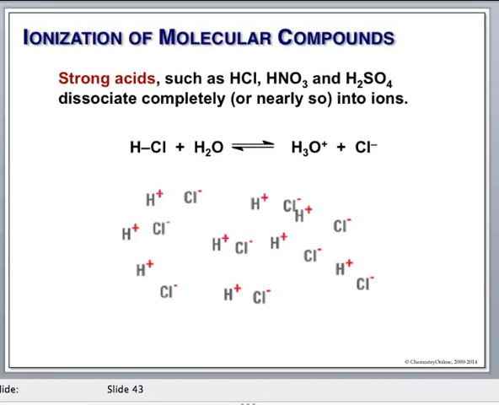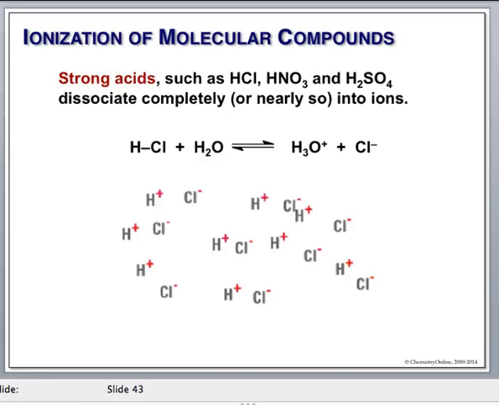As soon as they start to ionize, it goes essentially 100%, 99.9999% is present as hydronium and chloride, and maybe 1 part per billion of HCl. Any questions?